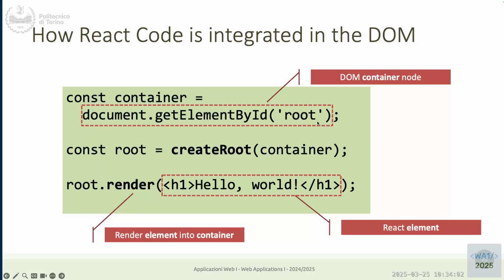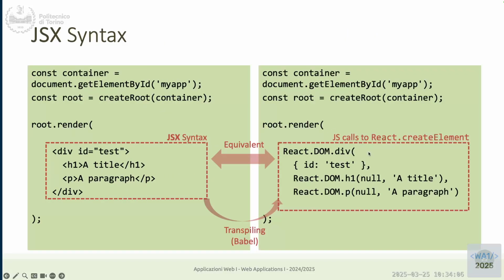So how do we work in React? Here's some code, but we never got this low. What we have here is a web page that contains a main node in which we want to, the jargon term is, mount our application.